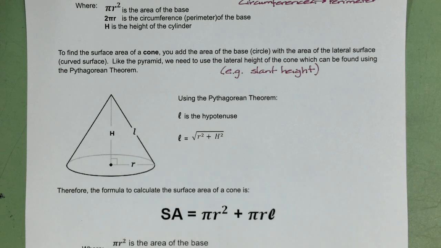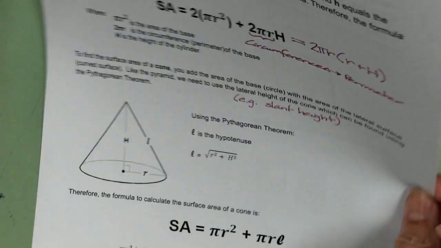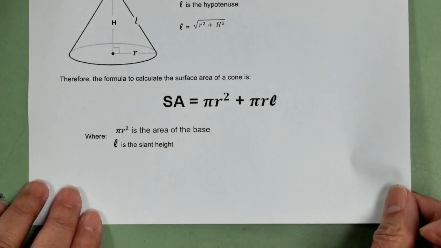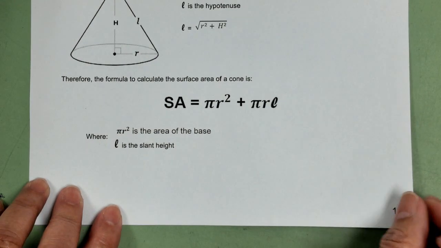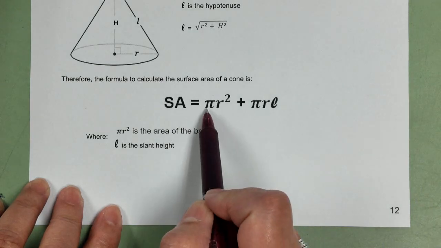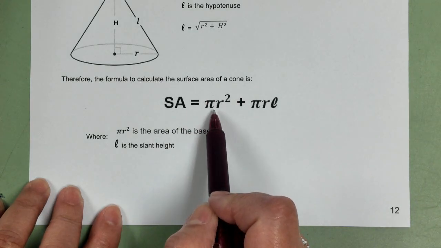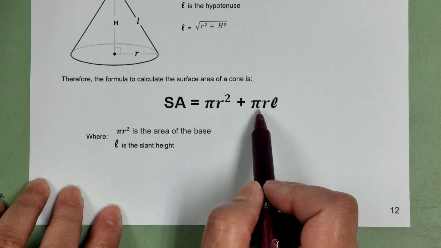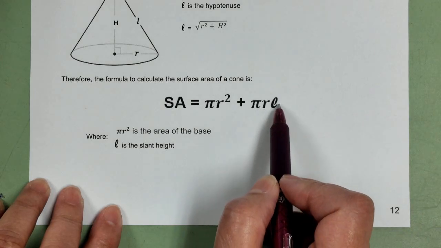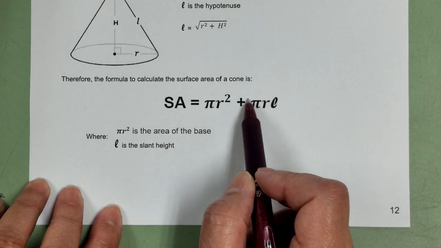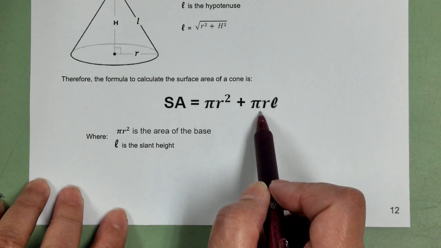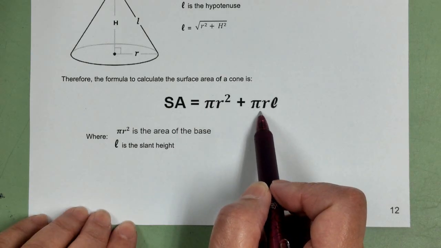Okay, so that's how we get L. So now when we want to find the surface area of a cone, we have the base plus pi r L. Okay, and this represents the curved surface.